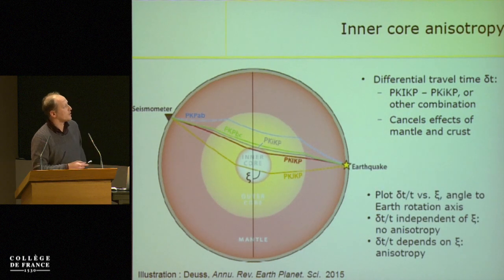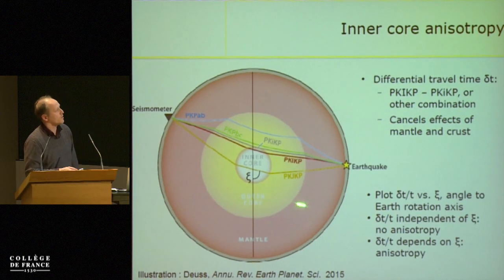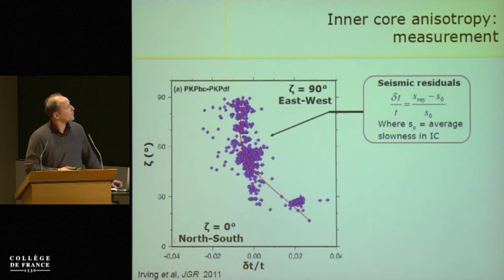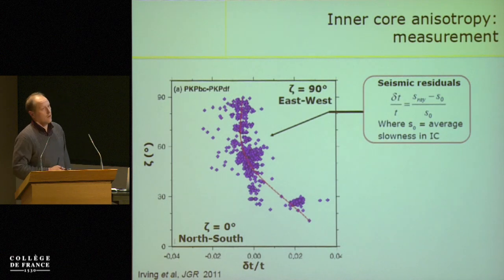Then you plot this differential travel time as a function of the angle to the Earth's rotation axis. If you find something that depends on the angle, you have some form of anisotropy. These are results from a paper by Jessica Irving, for instance.